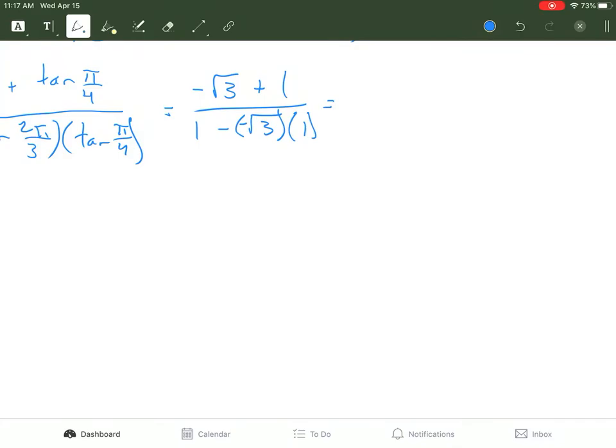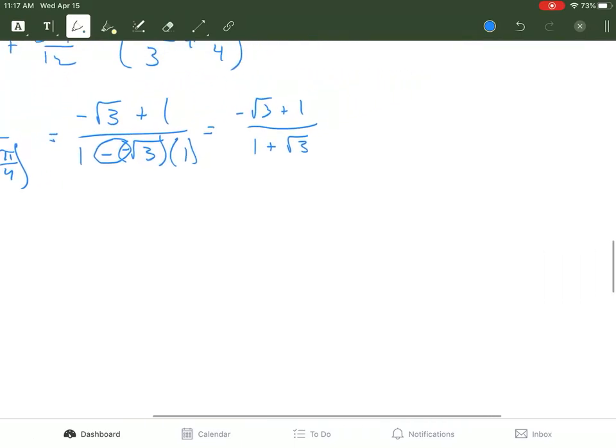Now I'm going to rewrite this just to make it cleaner as negative root 3 plus 1 on the top. On the bottom, I'm going to be doing 1 plus root 3. The reason it's plus is because these two negatives become positive, and then root 3 times 1 is just root 3. Okay, so this is a good spot we're at.